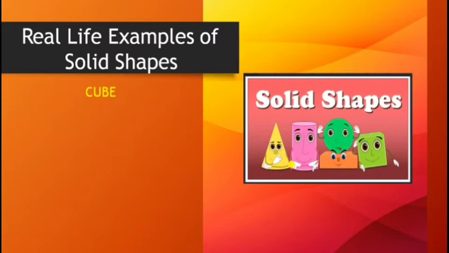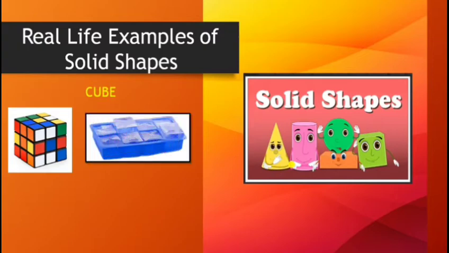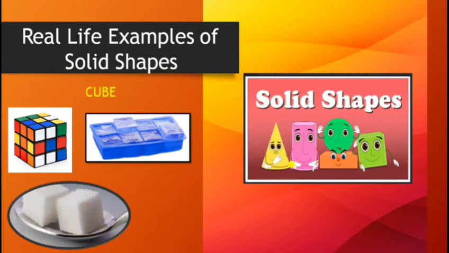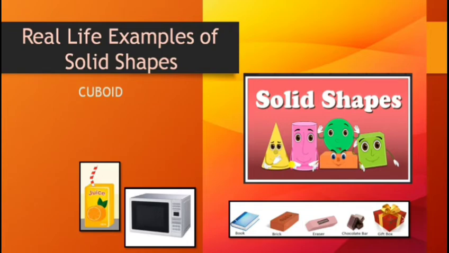First object is cube. The examples under it are magic puzzle cube, tray with ice cube, spoon having sugar cube, and dice. Second object is cuboid.